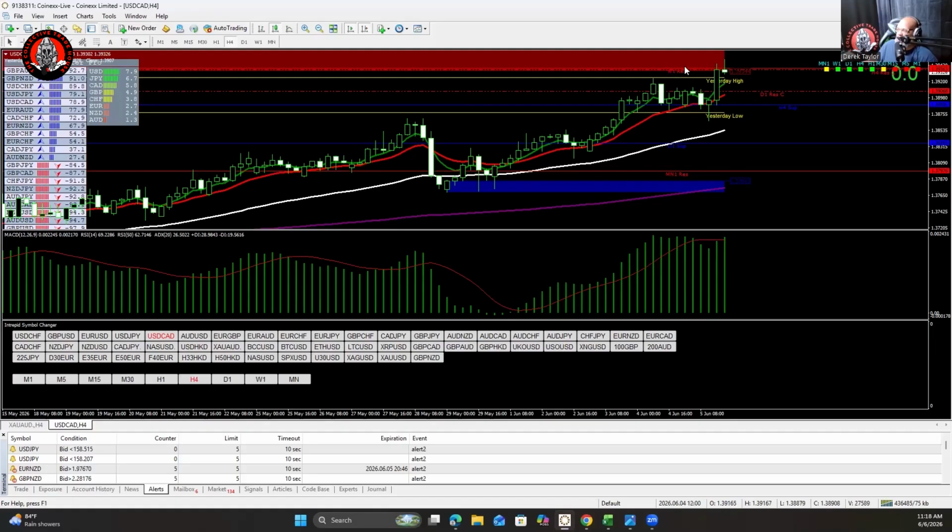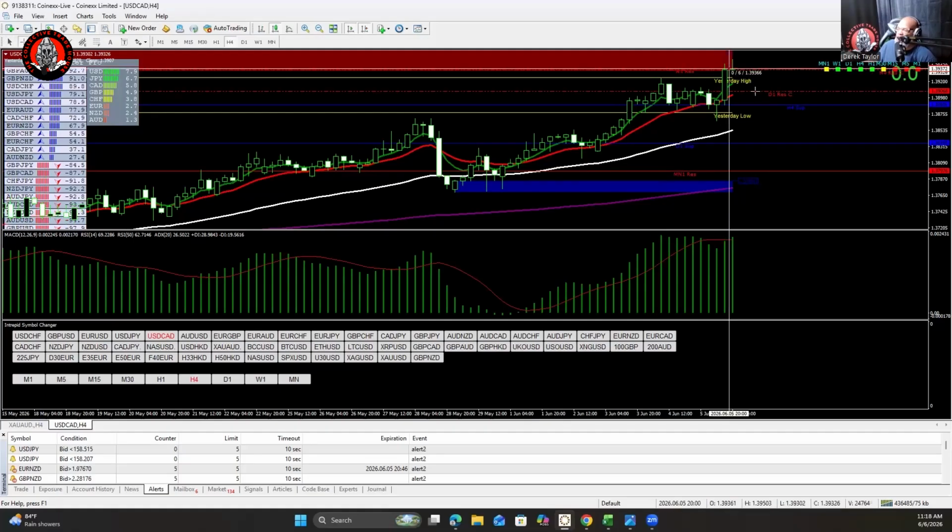This resistance area, and remember, a resistance area is a concentrated area of selling. There was a concentrated area of selling trying to motivate price to come the other way.